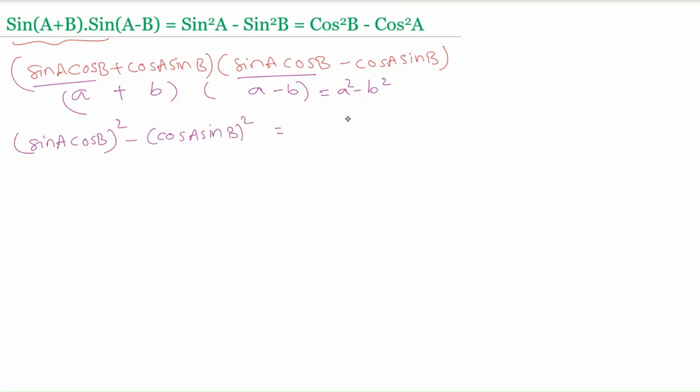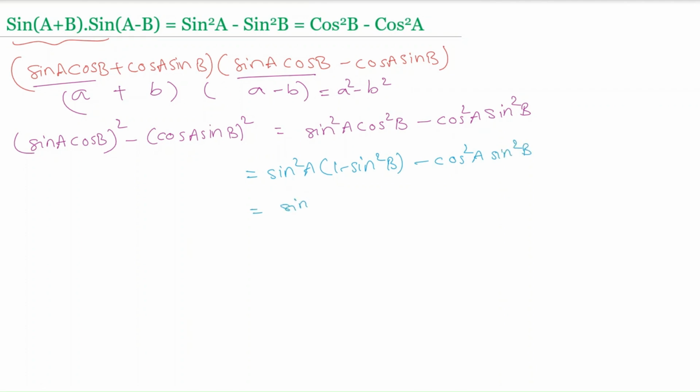Now if we square this, it is sin square A cos square B minus cos square A sin square B. Cos square B can be written as 1 minus sin square B, and the next term as it is, that is cos square A sin square B. Just multiply these two.